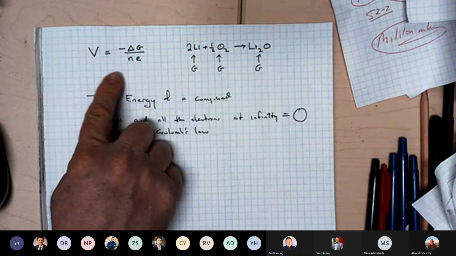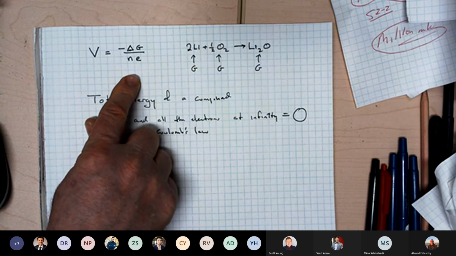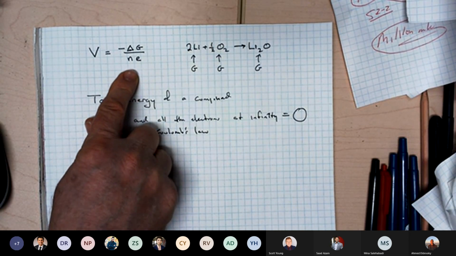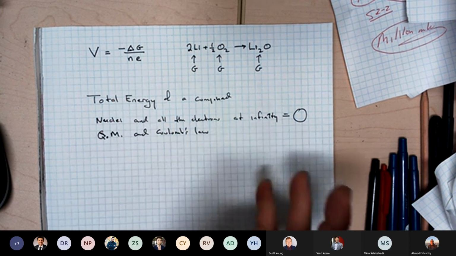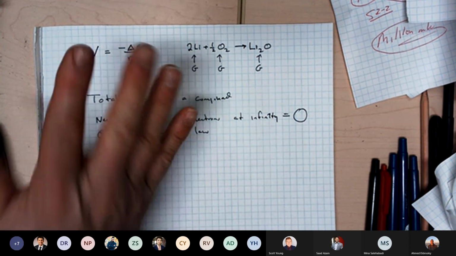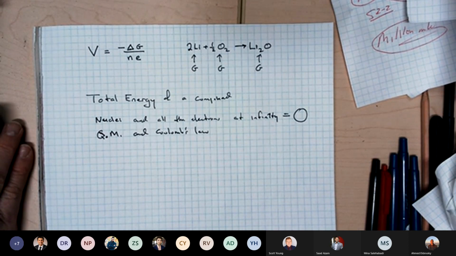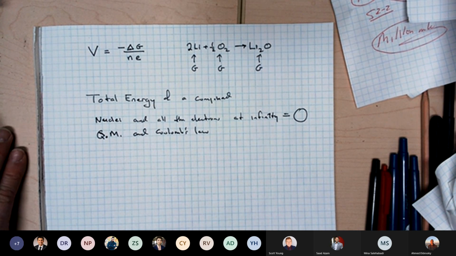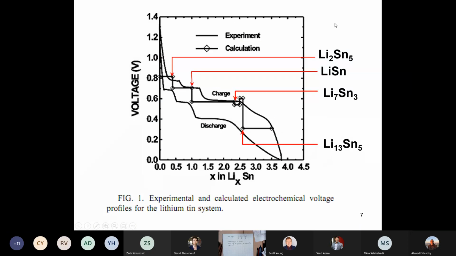What you just saw is no more complicated than this, where instead of looking up in a book of tables free energies of formation, you're spending the time to calculate the total energy of things when you can't look up these free energies of formation. It's really that simple. Okay, so I'm going to go back to the PowerPoint now. I think you should see the PowerPoint again. Yep. We do. Okay.